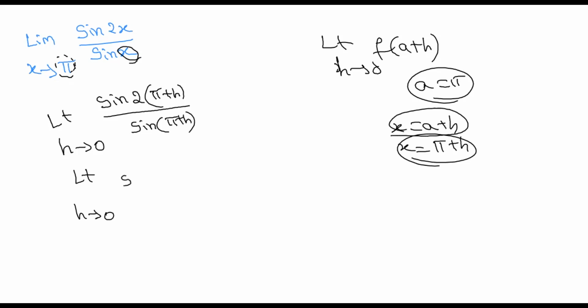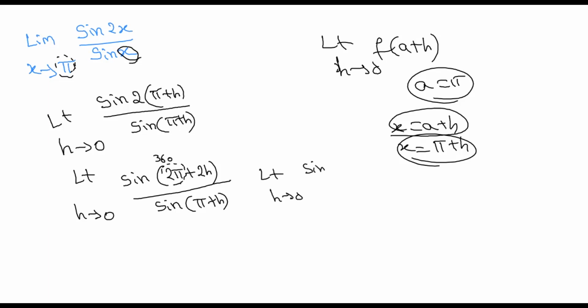It becomes sine of 2 pi plus 2h, as this 2 is multiplying both, correct? Sine of pi plus h. Now, what is sine of 2 pi plus 2h? Just now we discussed, 2 pi is 360, so that's sine 2h. So limit h tending to 0, sine 2h by sine of pi plus h.